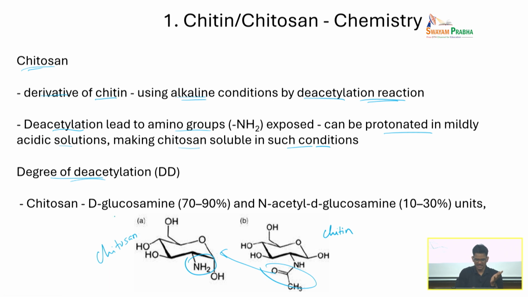When it is deacetylated, it is basically called D-glucosamine. So this is the molecule, and the remaining 10 to 30% will be in the native form. That means when you buy chitosan, you have to look for the degree of deacetylation in this material. This ratio is 70 to 90% deacetylated and 10 to 30% in the native form.